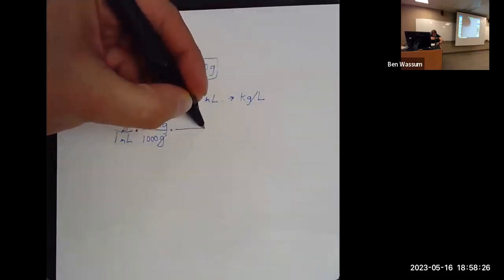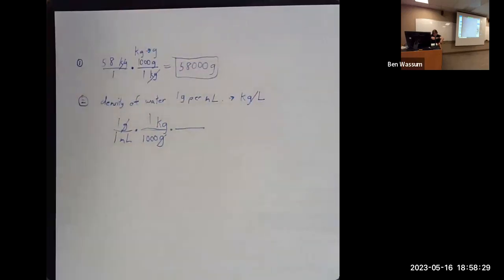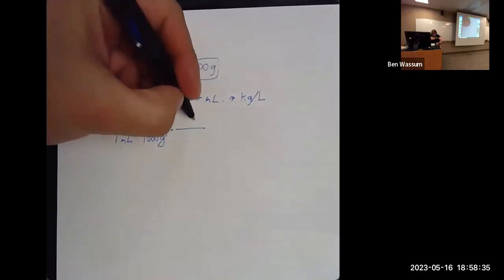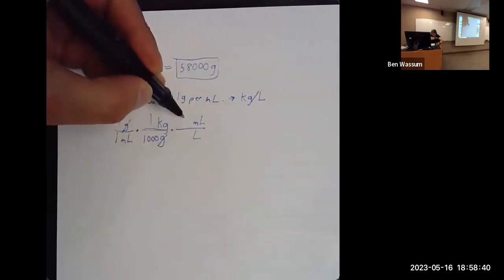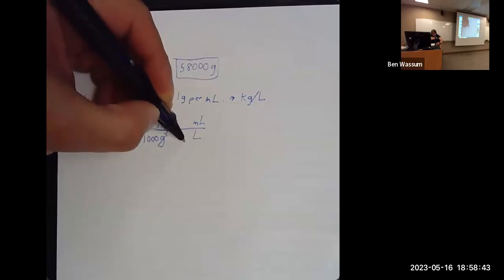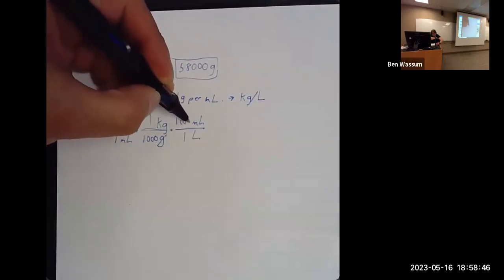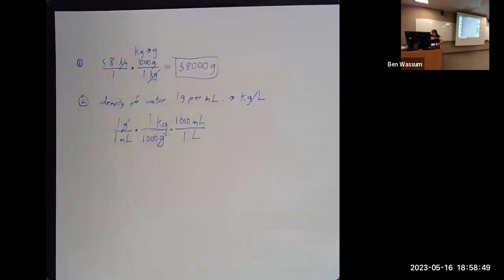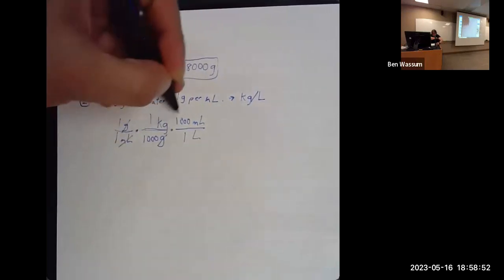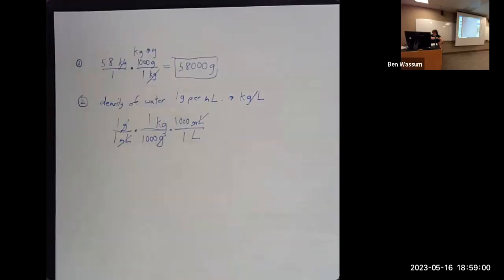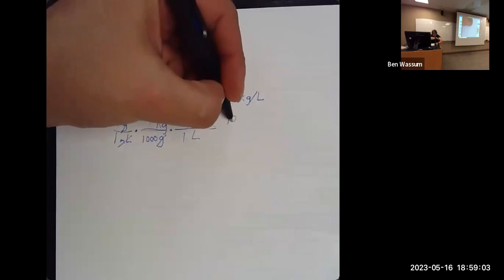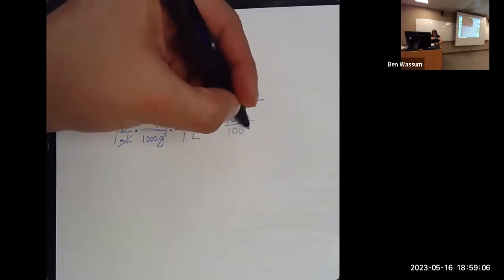Well, if we think about what milli is, 1,000th, that's basically going to tell us that for every 1 liter, there's 1,000 milliliters, right? And then the milliliters would cancel out. Now at this point, we're in kilograms per liter. So we'd multiply across, and what do you know? We end up with 1,000 over 1,000.